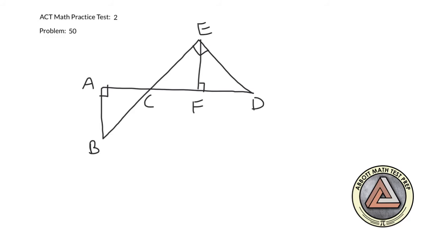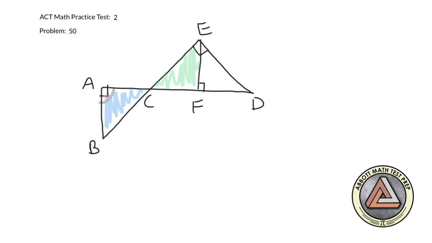Answer choice J, BAC is similar to EFC. Let's see. Well, the answer is yes, and here's why. Because if you look at these two triangles here, they share this angle right here in common.